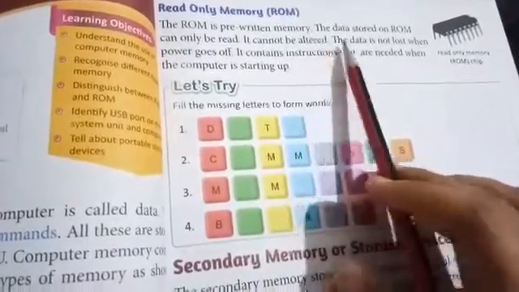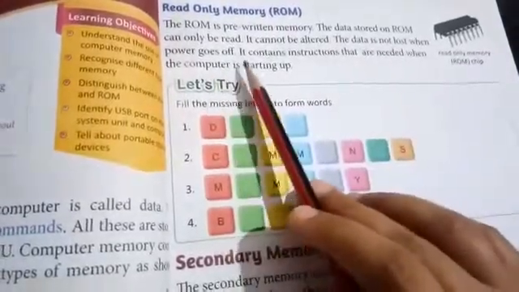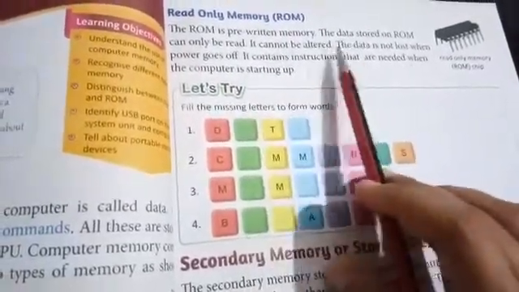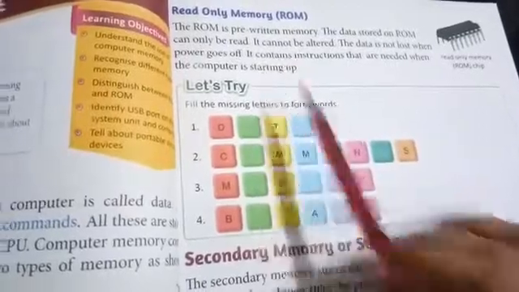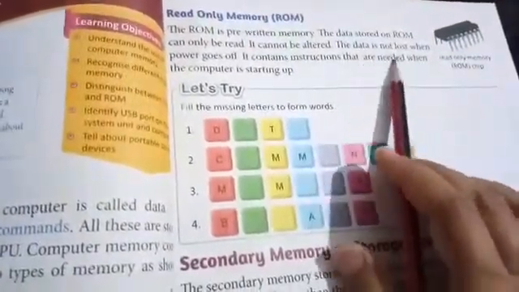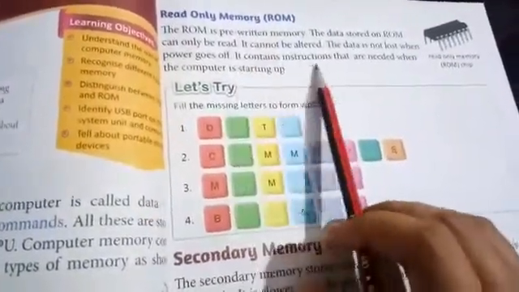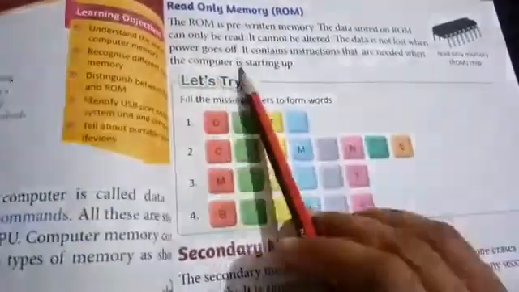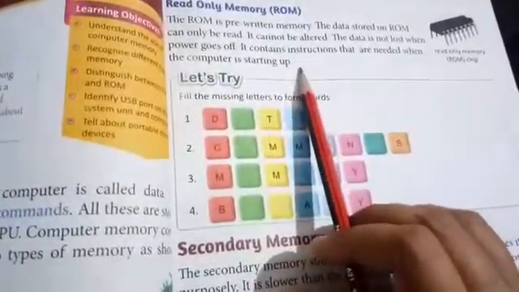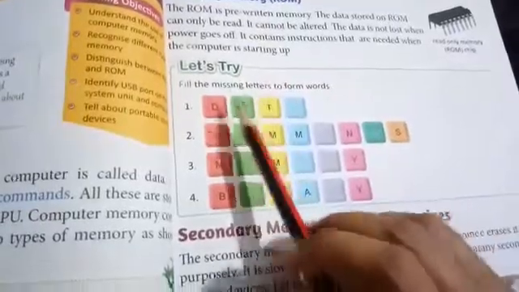The data is not lost when the power goes off, so our data remains saved, whereas in the RAM our data is lost. It always contains the instructions which are needed when the computer is starting up.